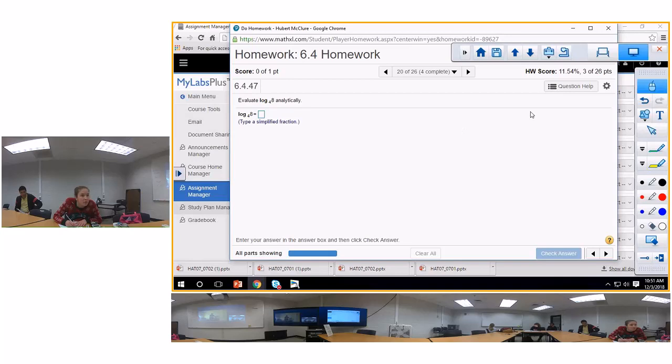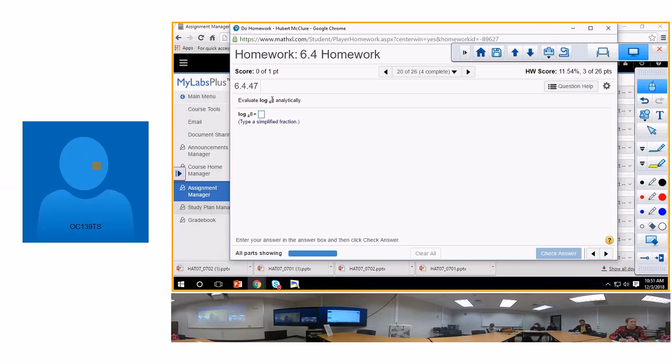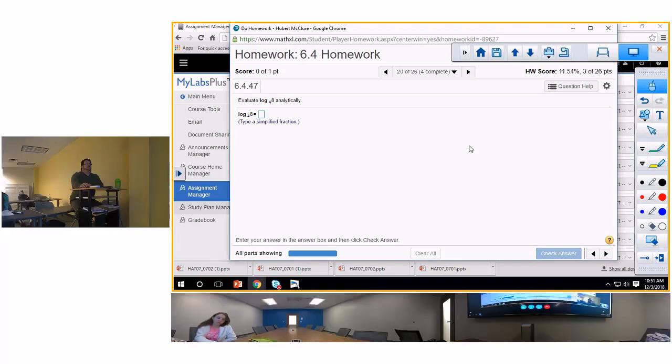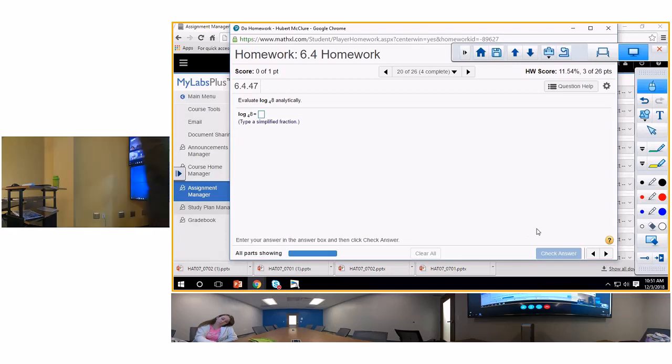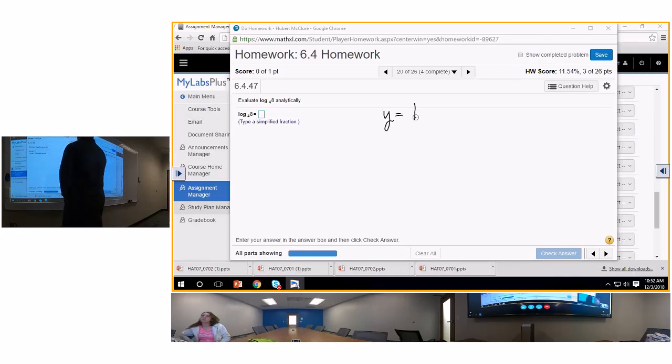The only thing I can see is that x is 8, right? 8 is equal to 4 to the y power. Isn't that the definition of logarithm? Let's write it down, because this is not a hard question. This is y is equal to log base 4 of 8.